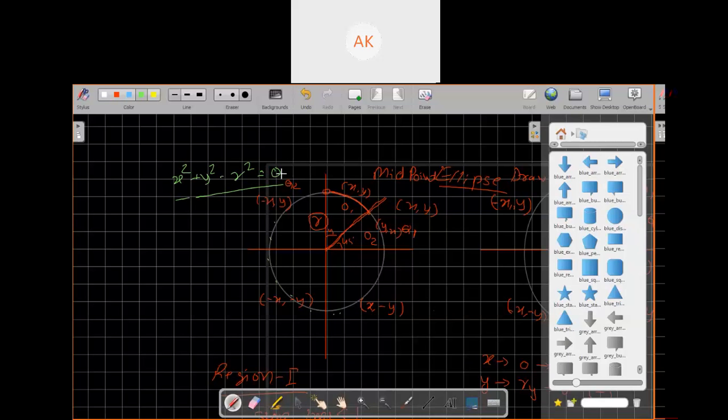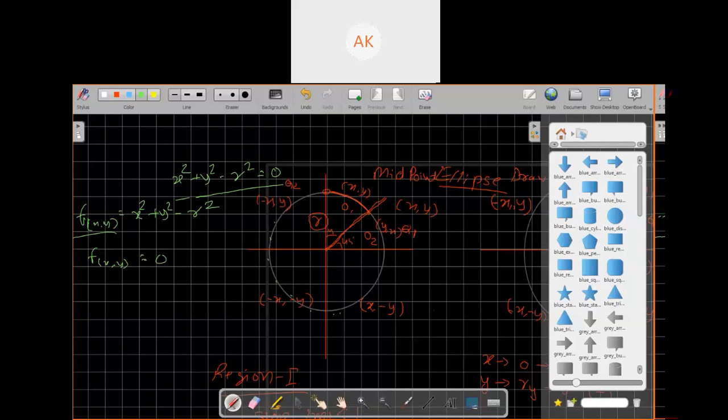Suppose this function of x, y is what you are calculating at a point, x square plus y square minus r square. If the point is exactly on the circle, the value of f(x, y) equals 0.